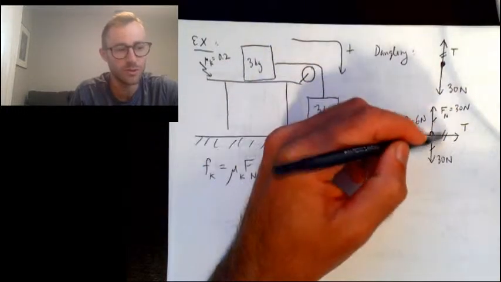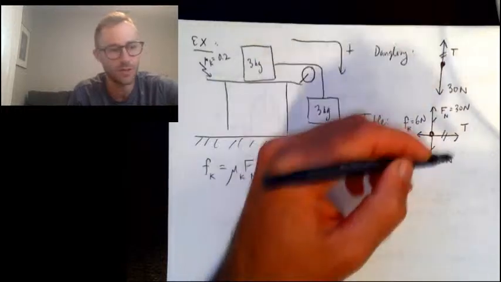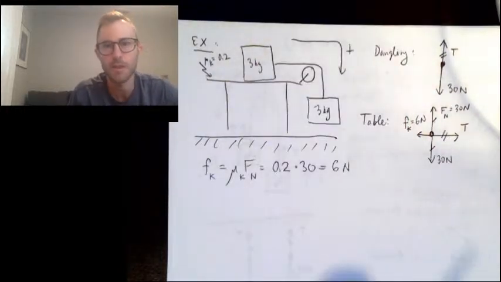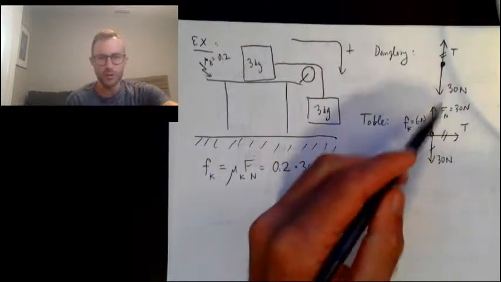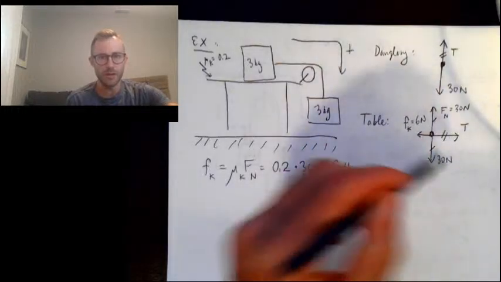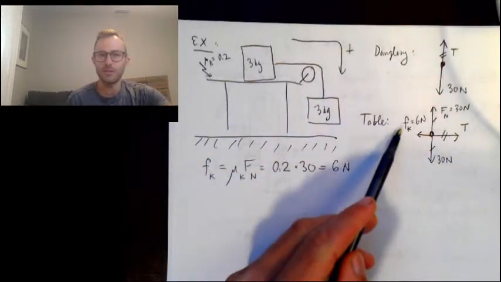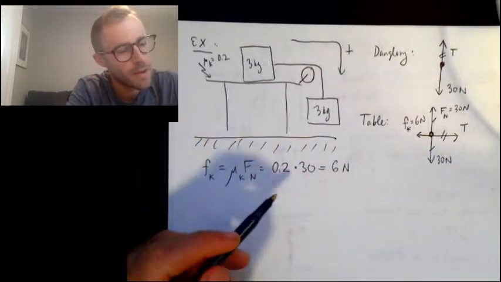So I use two slashes to indicate that these two tensions are the same. Okay? All right, so that was a little bit trickier because I had to look at a full free body diagram and do that analysis to get the friction force.